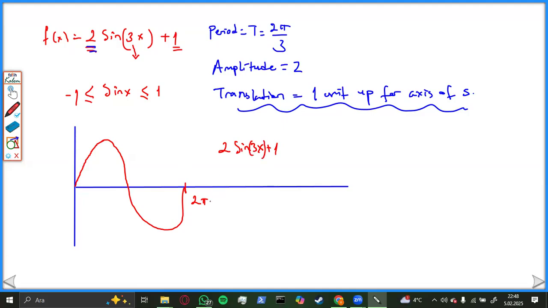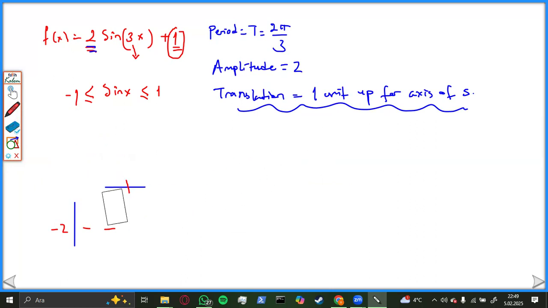So it is 2 pi over 3. One period starts from 0, and one period finishes at 2 pi over 3. So your amplitude is here. And be careful, still we have 1 unit up. That's why I'm going to move it 1 unit up. So our final is like this.